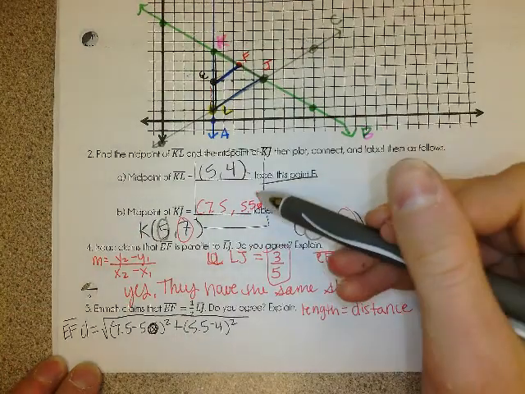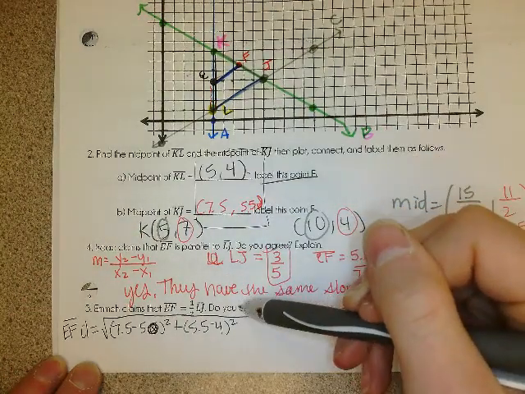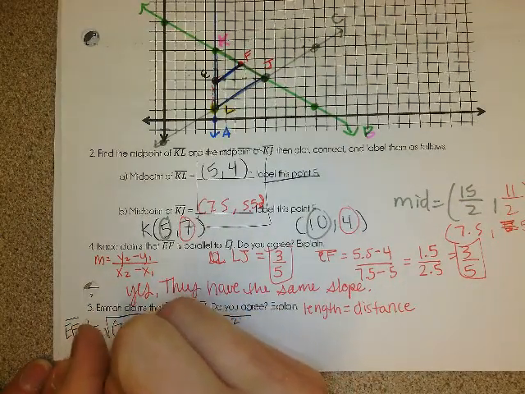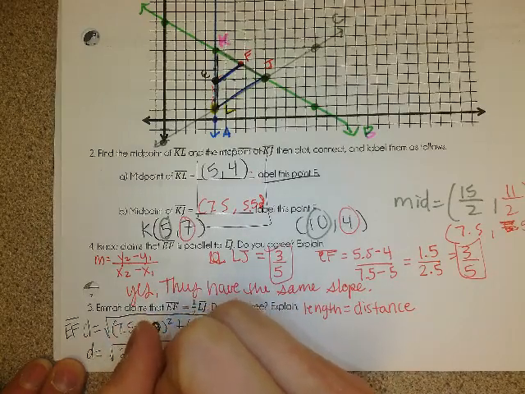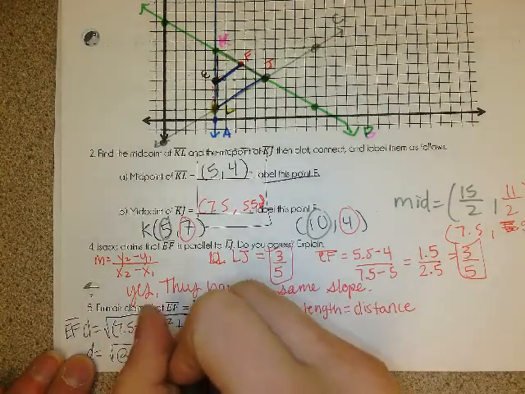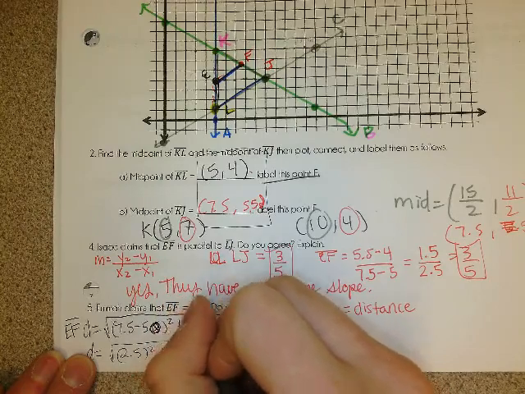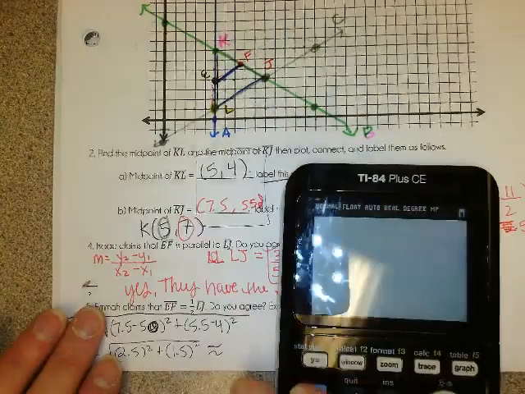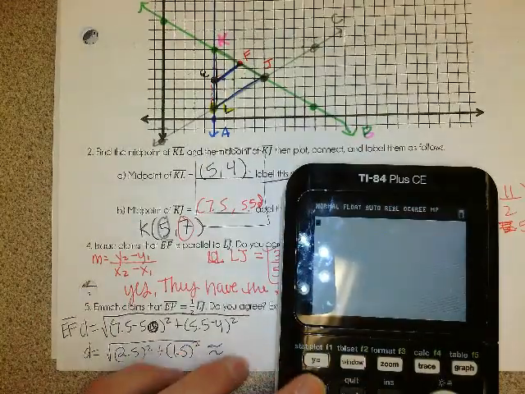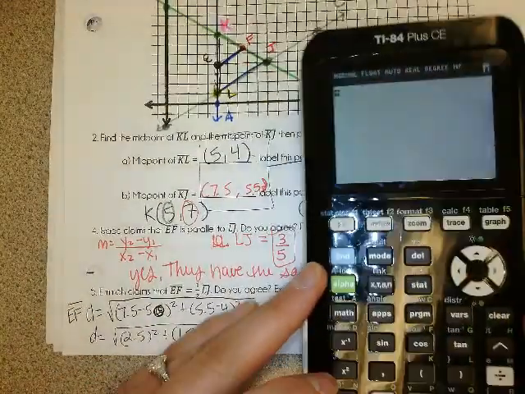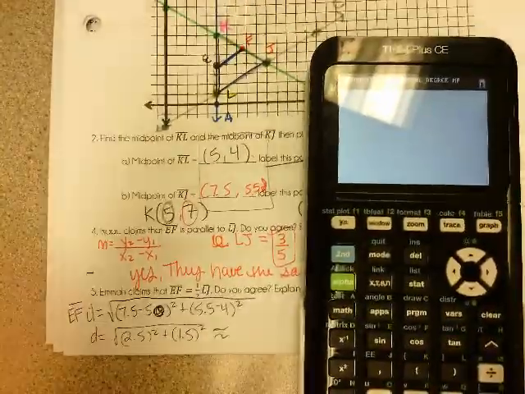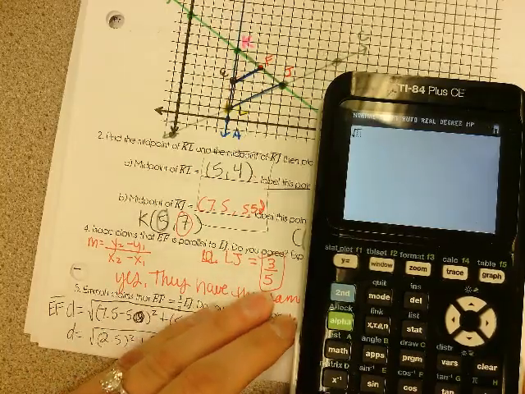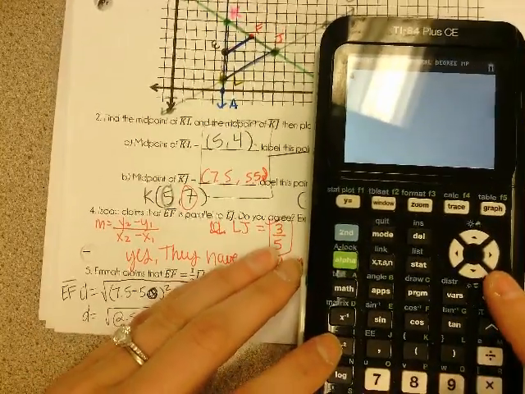So that means I take the points of E and F and I put them in the distance formula. We already know that this is 2.5 squared plus 1.5 squared. I'm just going to put that straight into this. So, square root, okay, I'm going to redo that so you can see.